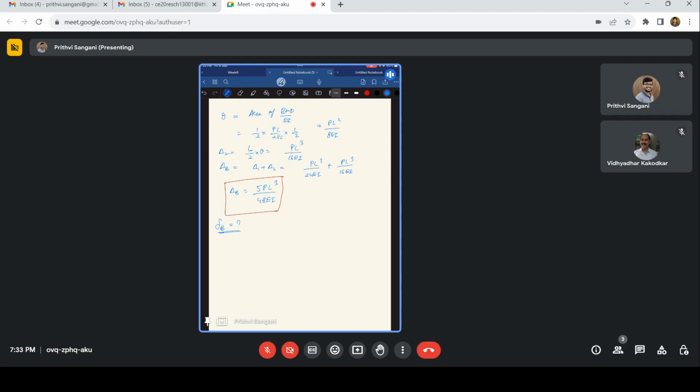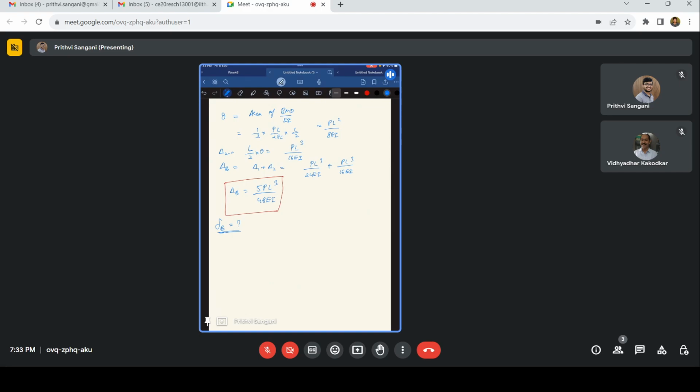I hope that is fine, because we already solved a lot of problems; I think we have solved 4 or 5 problems using the energy methods, right? So we'll use the same energy methods to solve these frame problems. Let me have the question.